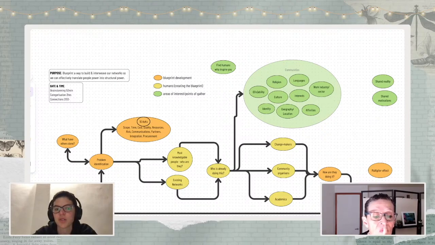Or maybe bi-directional, in the sense that it will inform, so maybe we can look at change makers or organizers or academics within those different spaces, in different communities, that can help inform. Does that make sense to you?